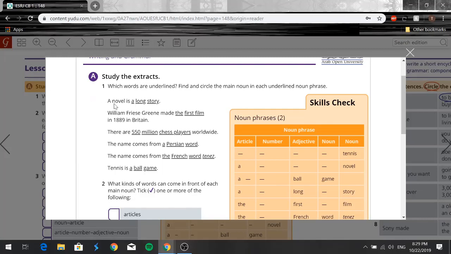So let's take sentence 1 for example. A novel is a long story, right? So A here is obviously an article. So can I stop with an article? So if I say a novel is a, and then I stop, that doesn't make sense, both logically and grammatically. So I cannot say that, okay? Can I say a novel is a long and stop?